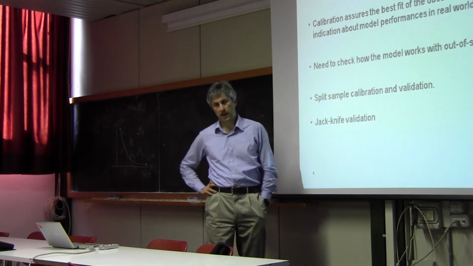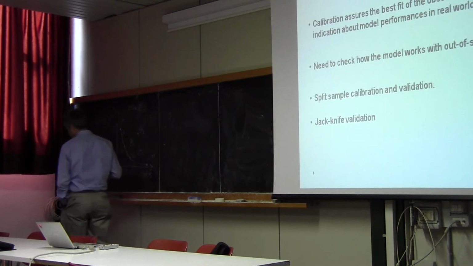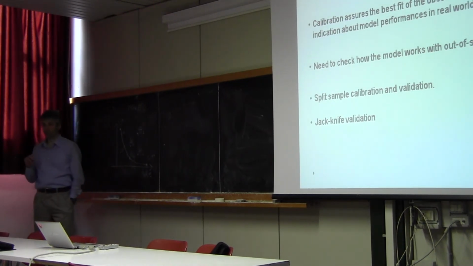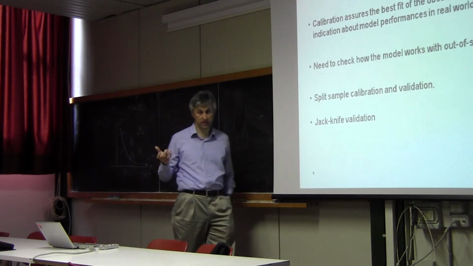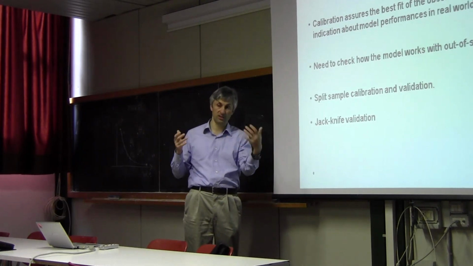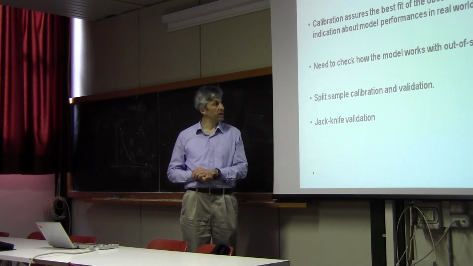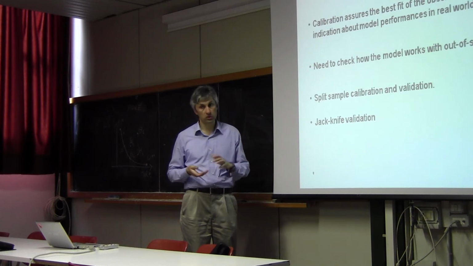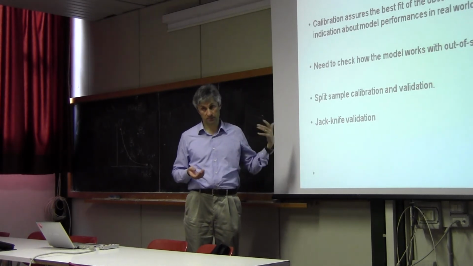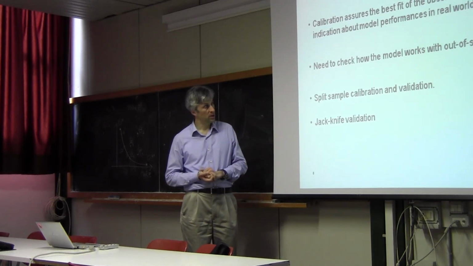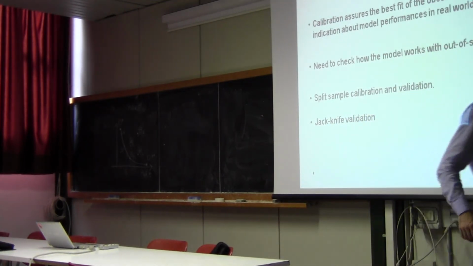Now, how can we carry out validation? You already understood that in order to carry out validation, we have to emulate a real-world application. We have to pretend, facciamo finta, to use the model in the real world. And therefore, this is also called extrapolation, as you understood from my preamble. Or it's also called out-of-sample application.